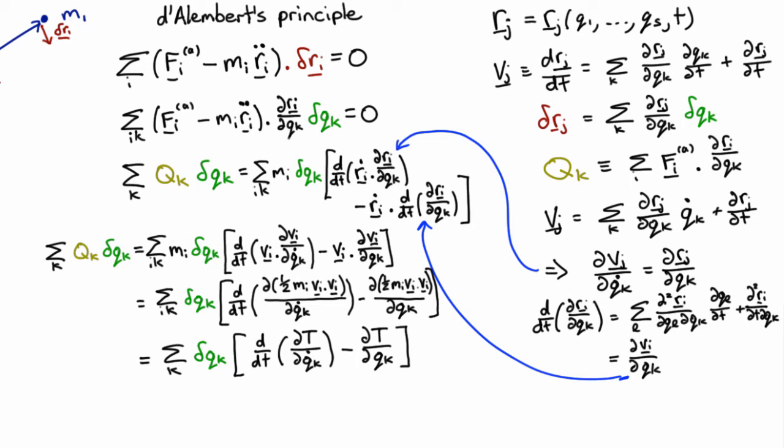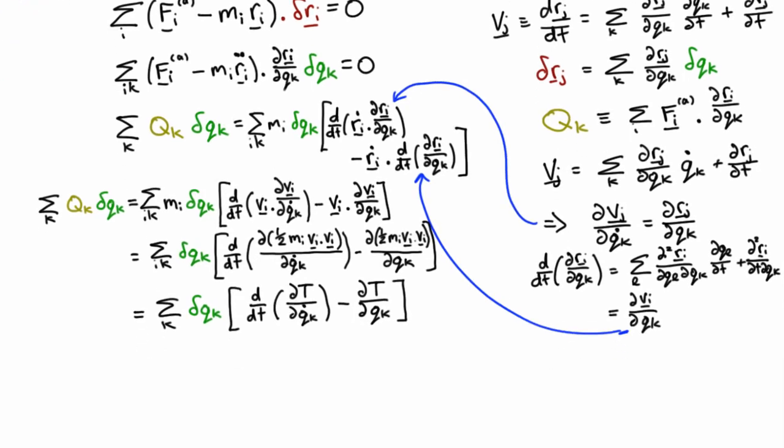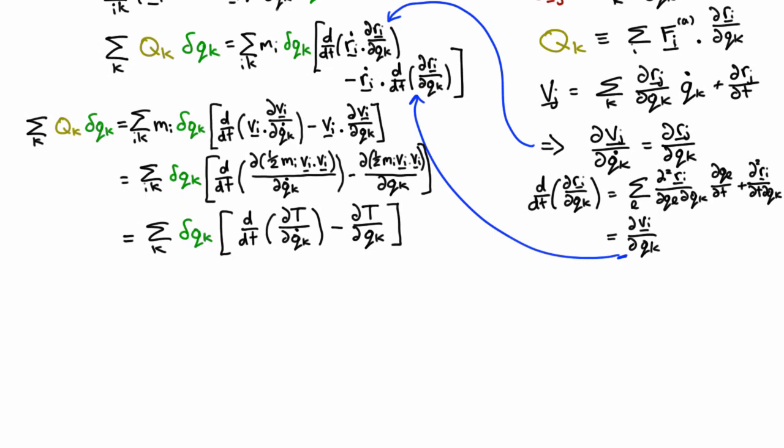We can actually go further, because these generalized forces here often come from a potential, and if they come from a potential, then we can expand this form as well. So if all of these applied forces come from some kind of external potential, then what we can say is that our Qk can be written as minus the sum over i of the gradient, using the coordinates ri, of the potential, dotted with this.